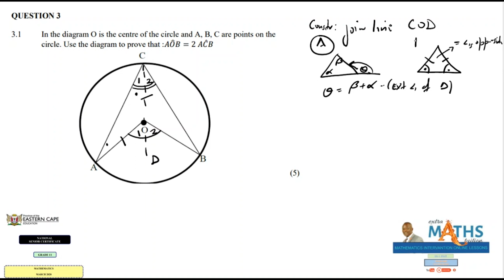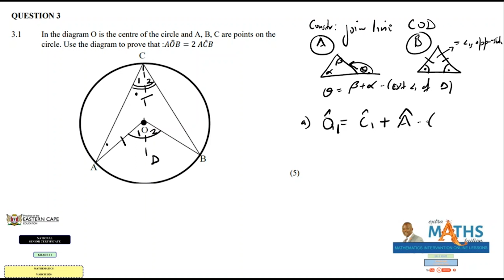Okay, guys, let us go back to our question now. We did construct line COD, and we have an exterior angle which is O1. It means O1 is equal to angle C1 plus angle A. What is my reason?